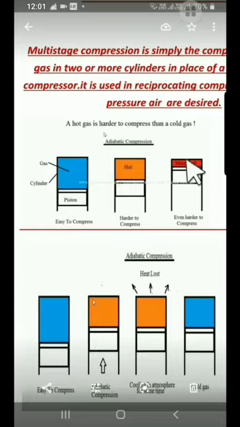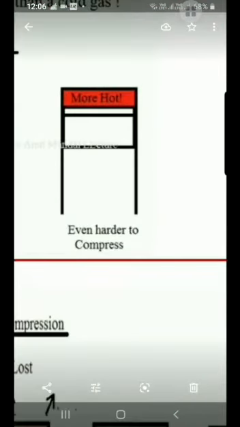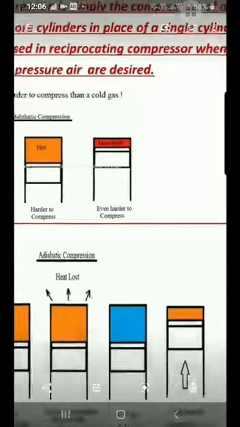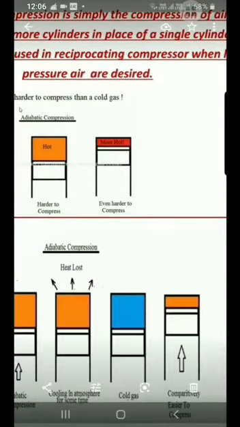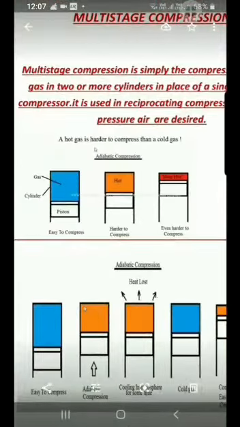So it is difficult to compress hot air rather than cold air in the case of a single cylinder reciprocating air compressor. To compress this hot air, more work is required.